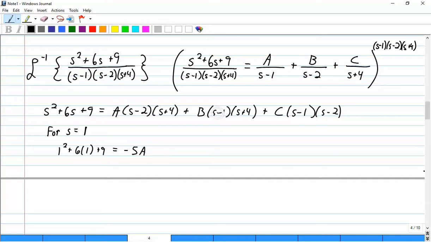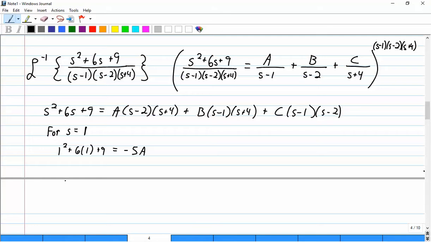Now look what happens whenever I let s equal 1 here. This in the parentheses becomes what? 0. So that times anything is 0, times B is 0. So the B term would go away. Also here, if I let s equal 1, 0 times anything is 0, times C is 0.